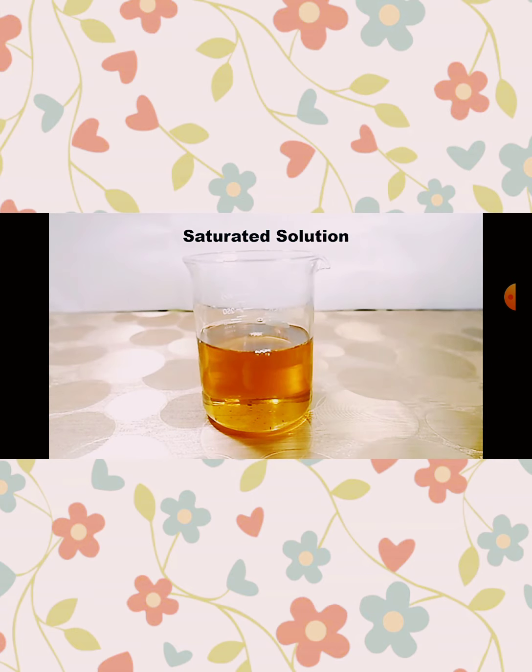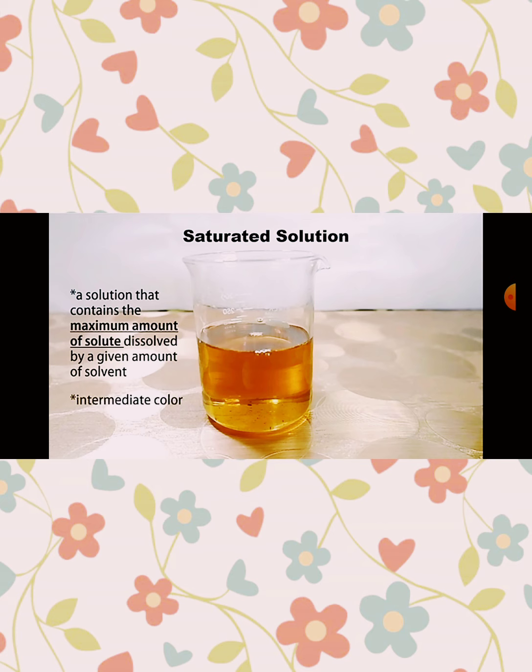Saturated solution is a solution that contains the maximum amount of solute dissolved by a given amount of solvent. The color of saturated solution is intermediate between unsaturated and supersaturated solutions.